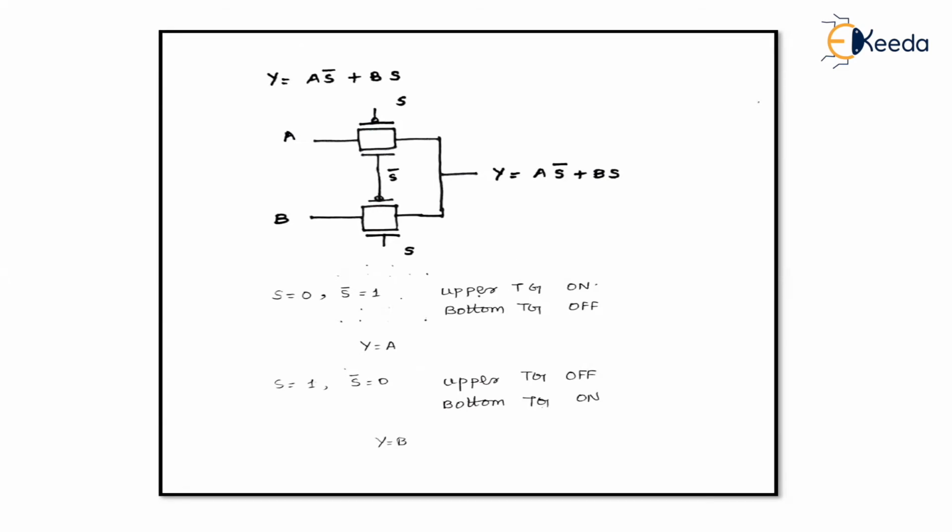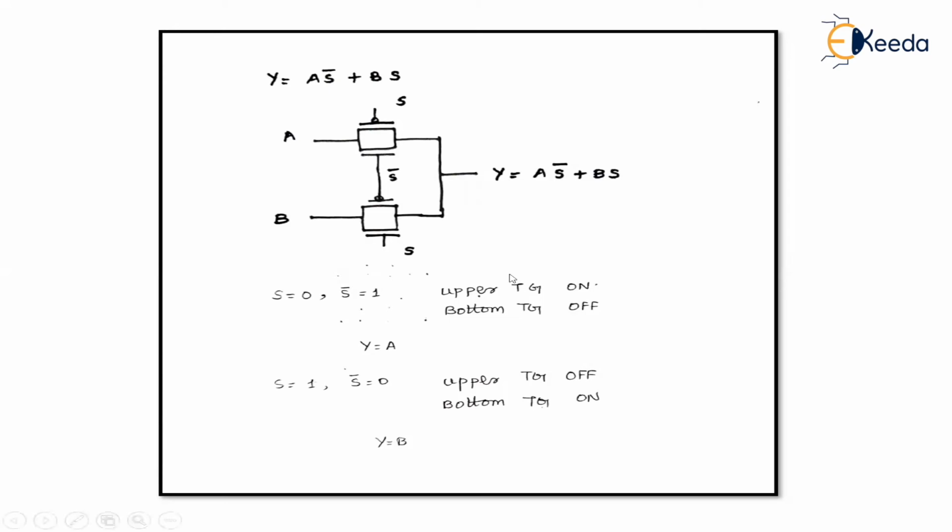When I'm giving my S is equal to 0, what is S bar? S bar is equal to 1. So if 0 is given to the top transmission gate, will the upper transmission gate turn on or off? 0 to a PMOS will turn it on. S bar, which is 1, 1 to an NMOS will turn it on.